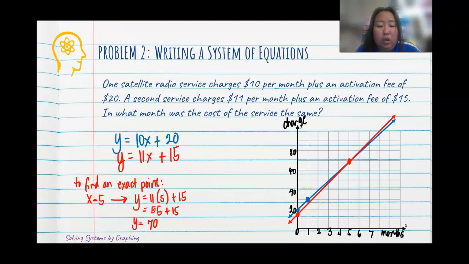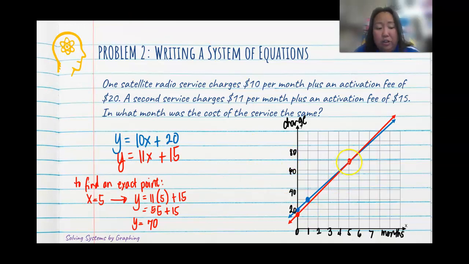So what you can do is look for an exact point. In this case, I selected 5. Why? Because 11 times 5 is an exact value, 55, and then you add 15, that's 70. So I have 5 and 70 over there, and you can see that they overlapped at that particular point.